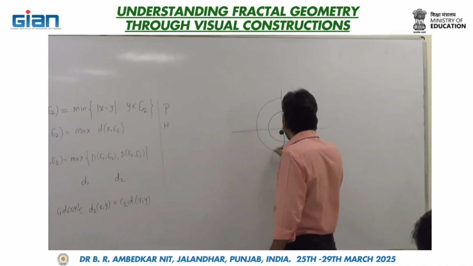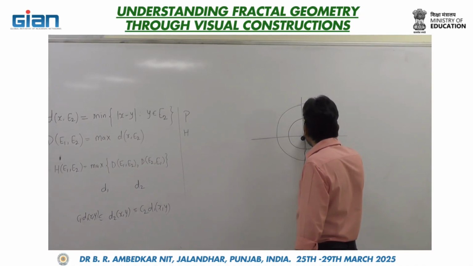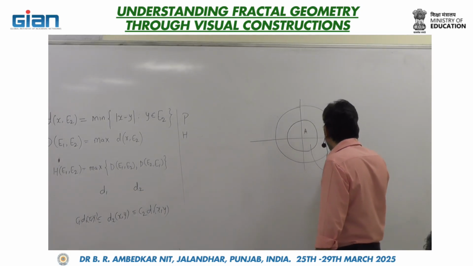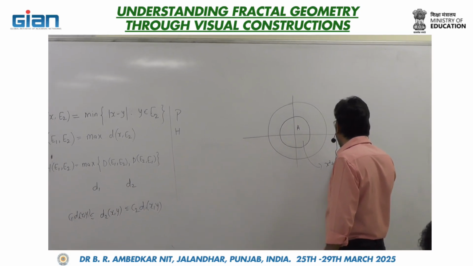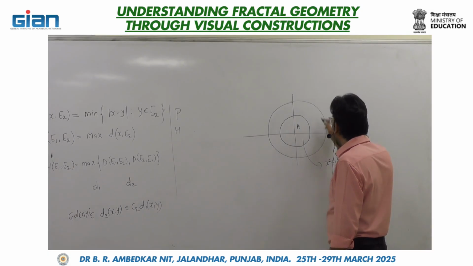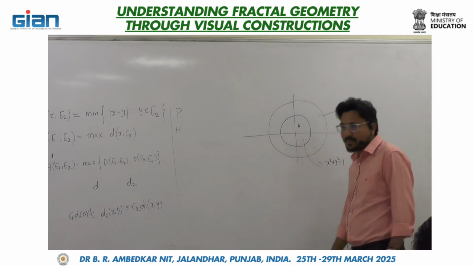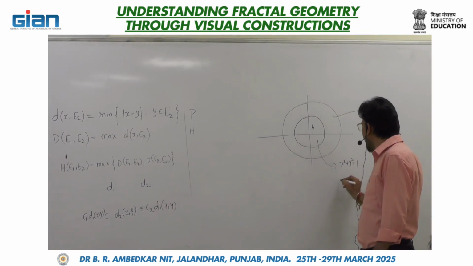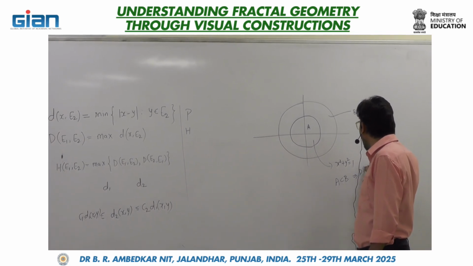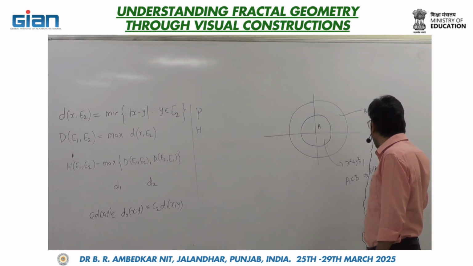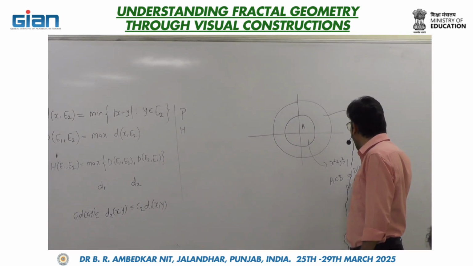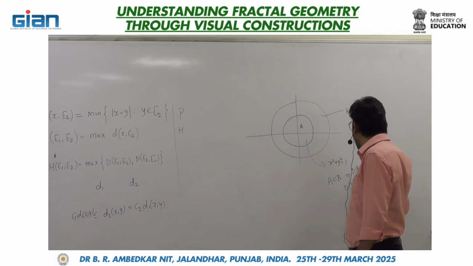You can see here, this is your A, and A is x square plus y square equal to 1, and this is your B, and B is x square plus y square equal to, let us say, 3 square. Then A is a subset of B, right? This means D of AB will be 0, but D of BA will not be 0.